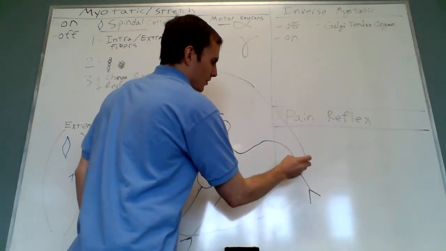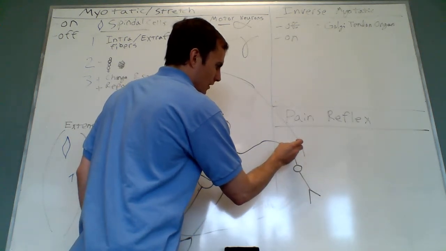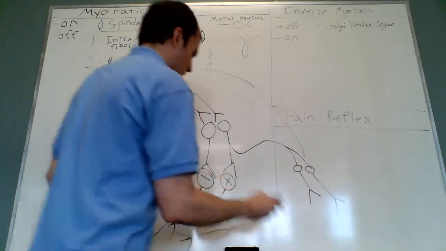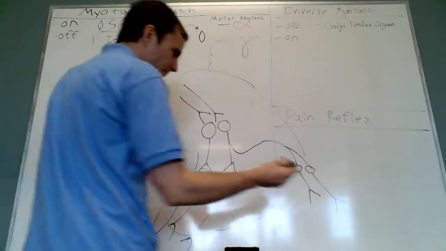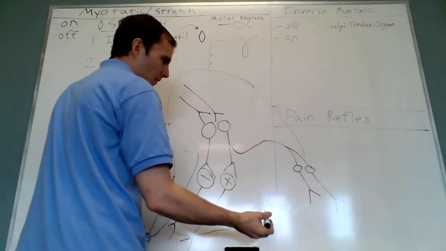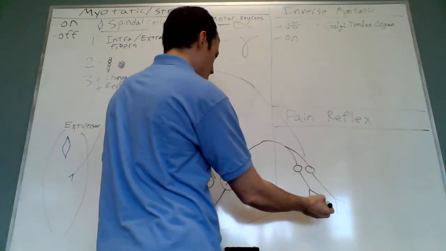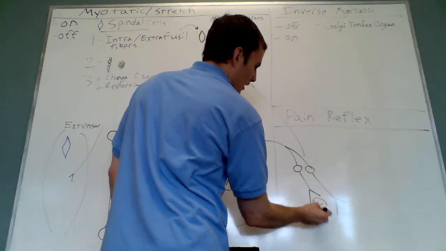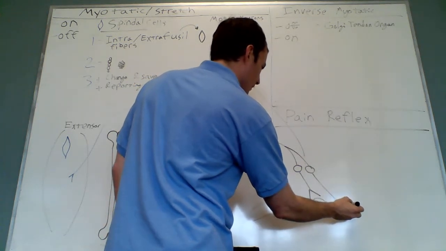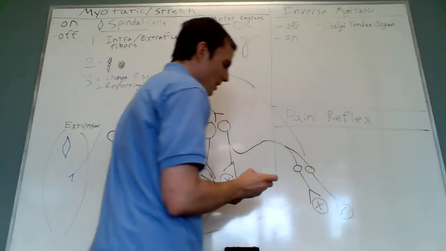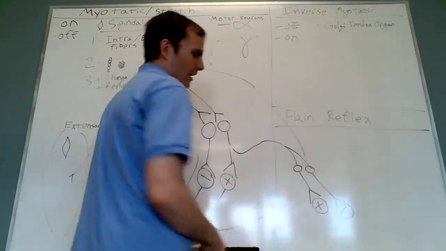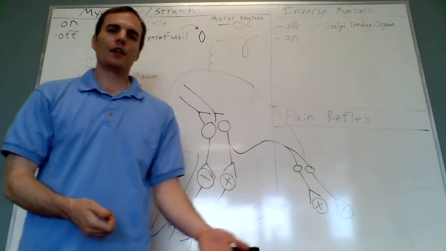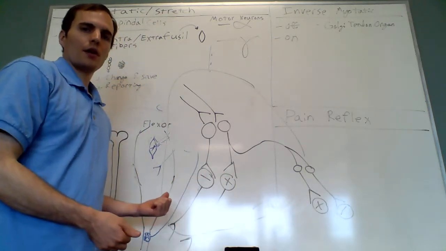All right, you would have one going there, and then this branches and has another one going there. And then one of those would be positive, and the other one would be negative. So the positive one would be going to the opposite one. The positive signal, the excitatory signal, would be going to the opposite side of the muscle group.